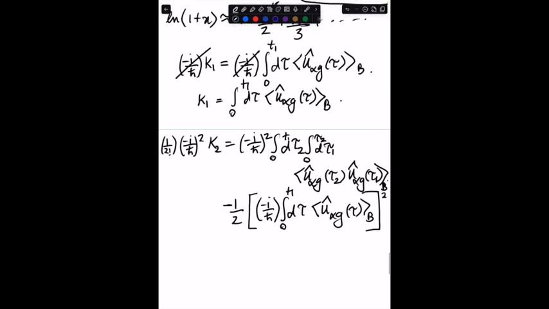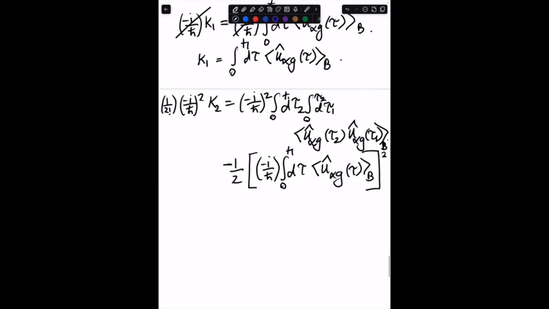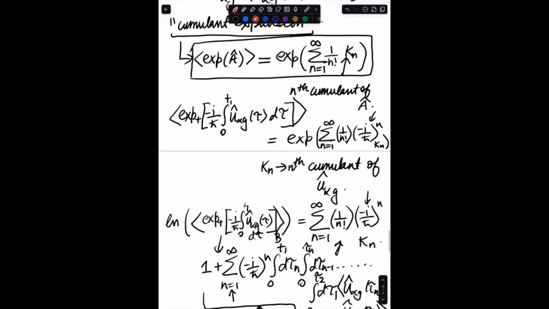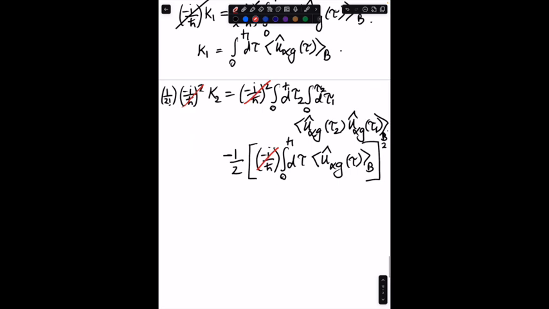And then, okay, let's just divide the minus i upon h bar squared on both sides. So this cancels this and then this. That's why I put in the minus i upon h bar on the right hand side. It enables easy cancellation, but you can still work without cancelling the minus i upon h bar, right? So this gives you from above the first cumulant, K1, and you multiply both sides of the equation with 1 upon 2 factorial.